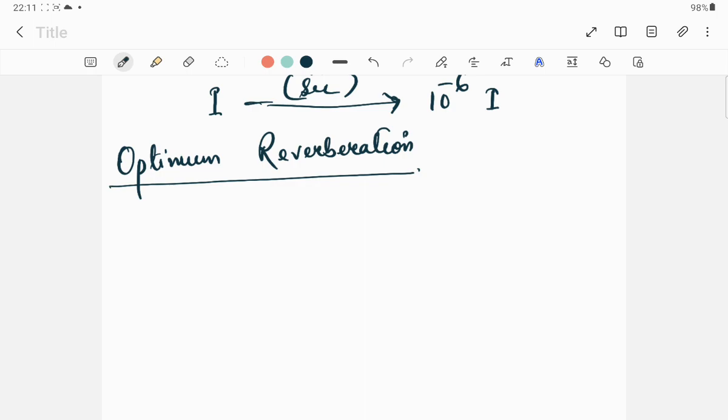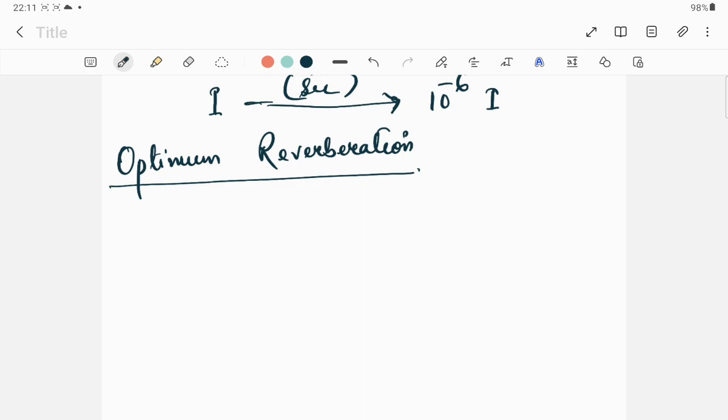If the reverberation time is too long, the sound persists inside the hall for a very long time even after the source is cut off. And if reverberation is too small, the sound doesn't properly persist inside the hall after the source is cut off. So in both cases we have a disadvantage.